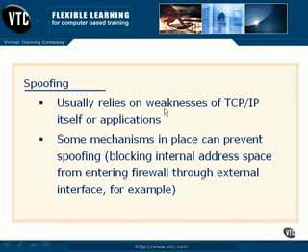There are some mechanisms that are actually put in place to prevent spoofing. An example of this would be the common configuration of blocking internal address space access from entering the firewall through the external interface. The reason this is a commonly adhered to practice is because back in the early to mid-90s, firewalls would basically stop everything except for internal traffic, and internal traffic was free to roam indefinitely.